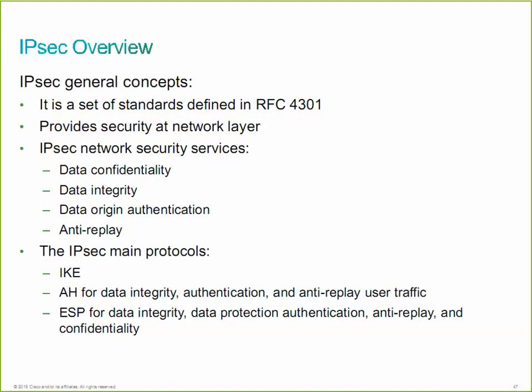To secure typical bidirectional communication between hosts, or between maybe 2 routers or 2 security gateways, we would have 2 SAs, one for each direction, to define those protection mechanisms in each direction.